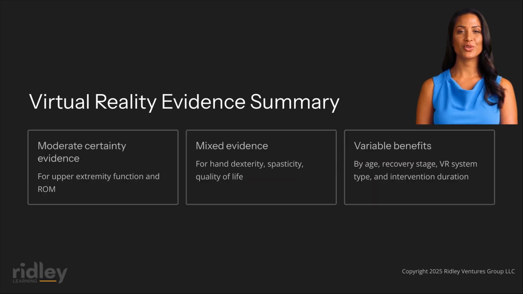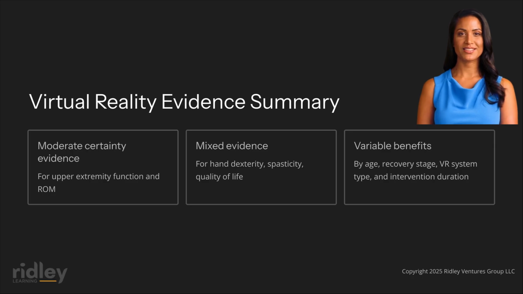The evidence base for virtual reality exercise therapy demonstrates significant benefits for upper extremity motor function and range of motion, with moderate certainty evidence supporting its use as an adjunct to conventional rehabilitation approaches. Subgroup analyses suggest that outcomes may vary based on patient age, stroke recovery stage, type of virtual reality system employed, and the similarity of intervention duration between virtual reality and control groups.